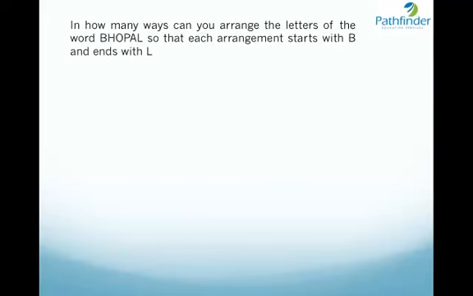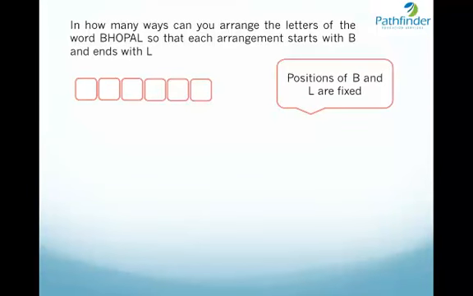In how many ways can you arrange the letters of the word Bhopal so that each arrangement starts with the letter B and ends with the letter L? Let us draw a pictorial representation of the same. We have 6 positions for the 6 letters of the word Bhopal. Positions of B and L are fixed.